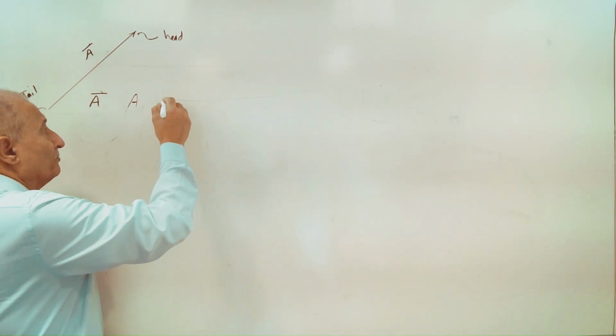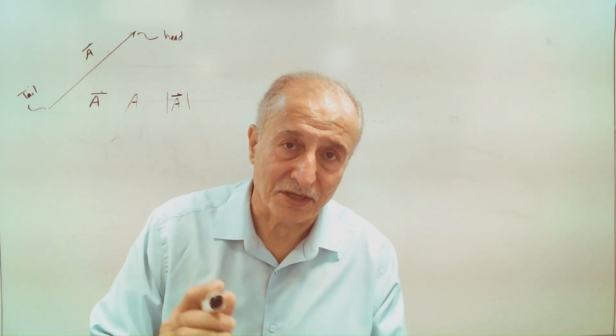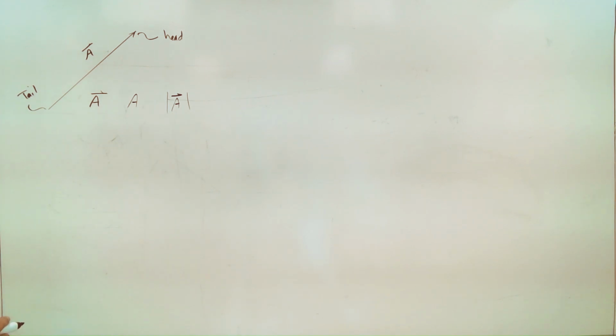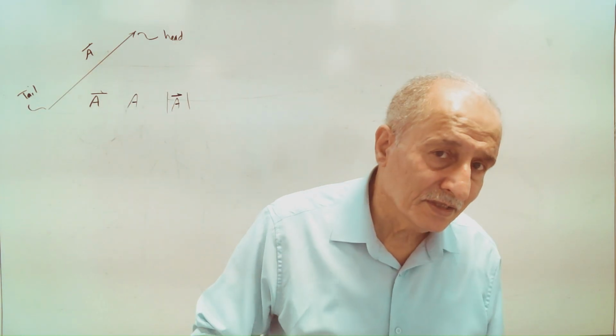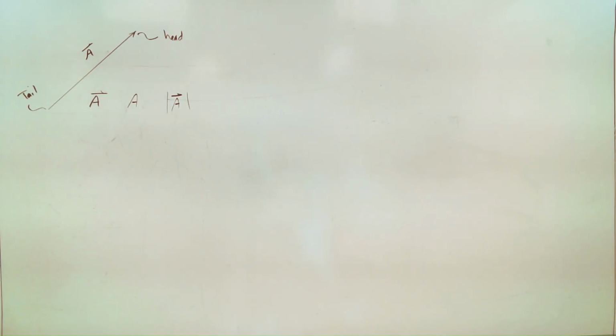Sometimes magnitude can be shown by putting the vector inside this sign as well. Most of the time we use the first method to show the magnitude of a vector. If we want to show the vector, we write the letter with an arrowhead above it. Okay.